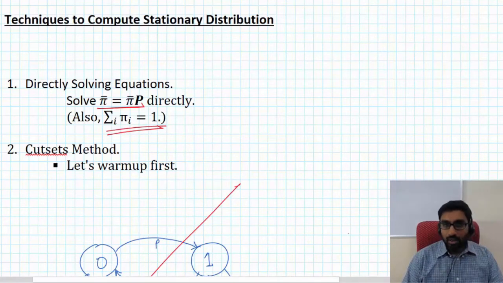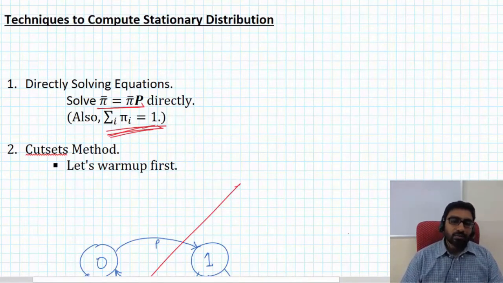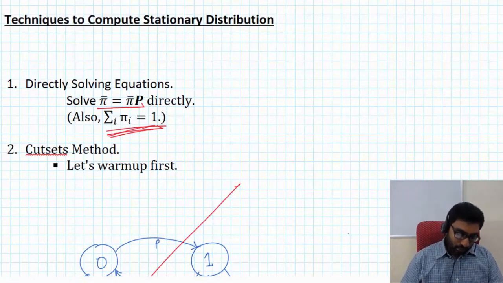A particular vector pi would be the stationary distribution if and only if it obeys this equality: pi equals pi times P. And you have one more equation. Since this pi is a probability distribution, if you add up the components, it has to add up to 1. So you get that as well. Just solving this system of linear equations is going to give you a way to solve for pi. But this is not very feasible if the number of states in the Markov chain is very large.